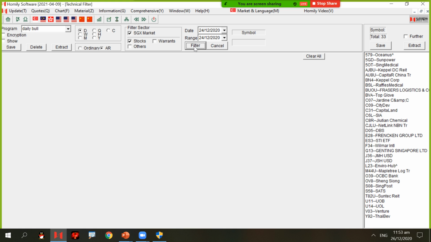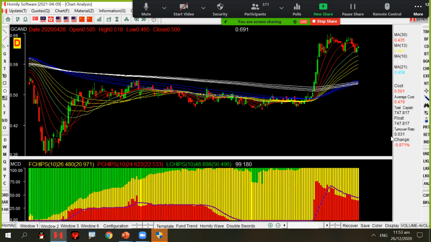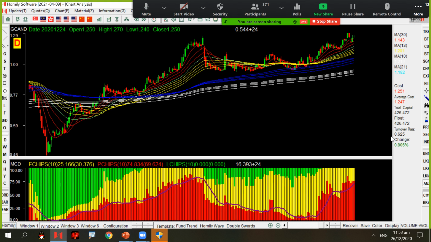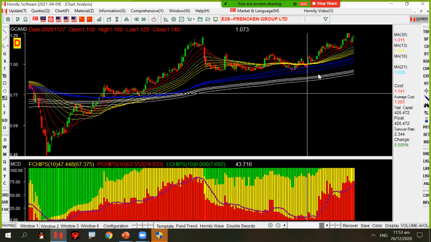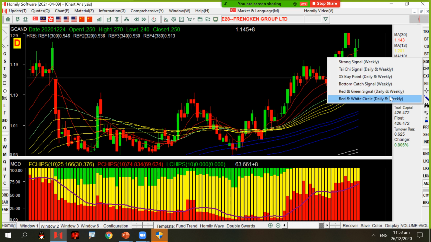You just monitor, right? You see, like this. SunPower, Sim Medical, Redforce Medical, or like Wilma, Franken. Very cool, right? You see, trend is good, money flow is good. You find the signal.